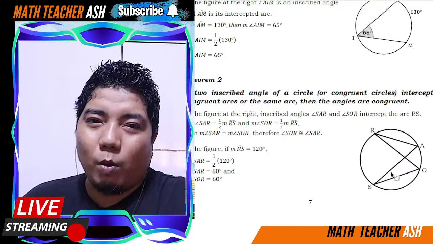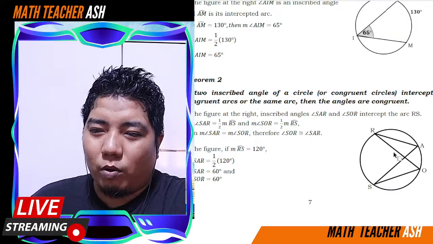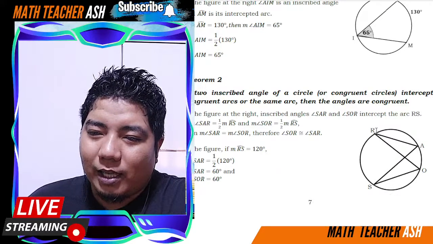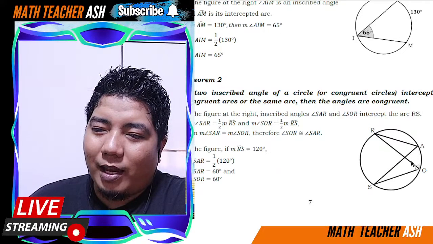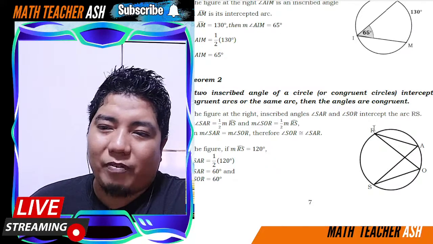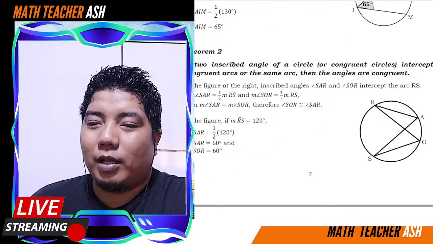Okay? They are 1/2 the measurement of arc AO. Same goes here, RS. This is the intercepted arc. Then angle A and angle O is 1/2 the measurement of RS. Okay? So, ganun lang po kadali, my dear math learners.